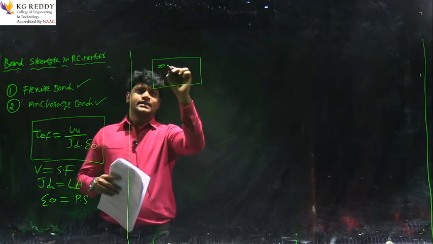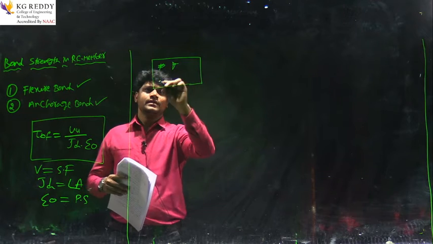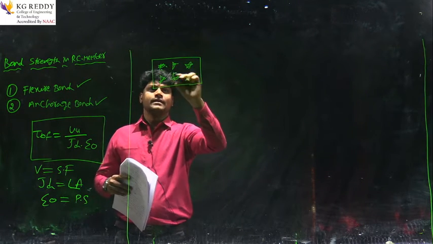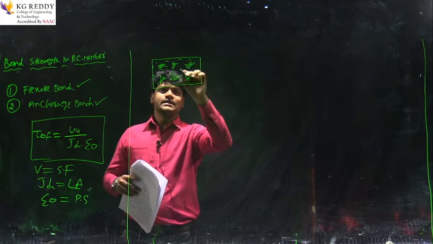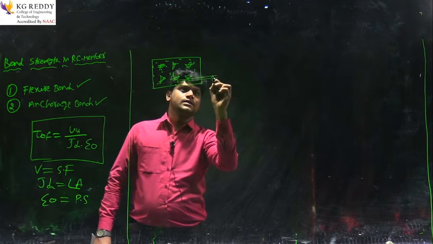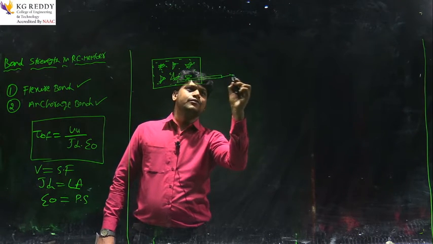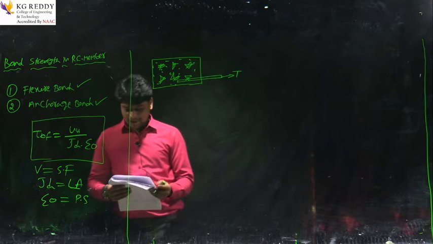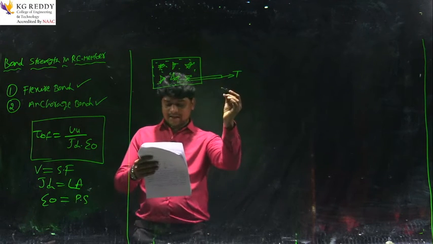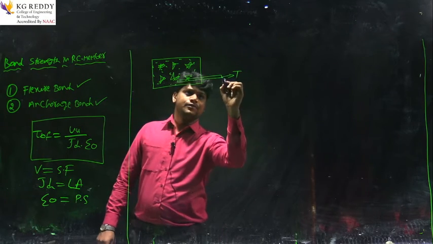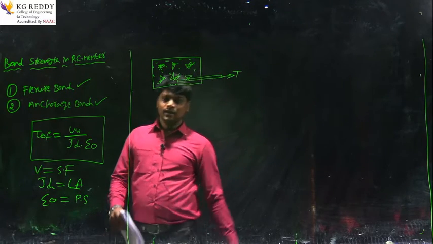Here this is the RCC section, where the concrete will be there. In this RCC section, I am applying the tangent force, capital T. Capital T is the tangent force or horizontal force.